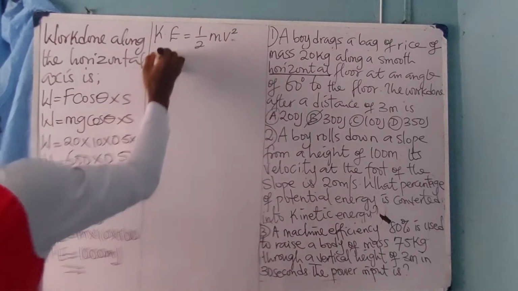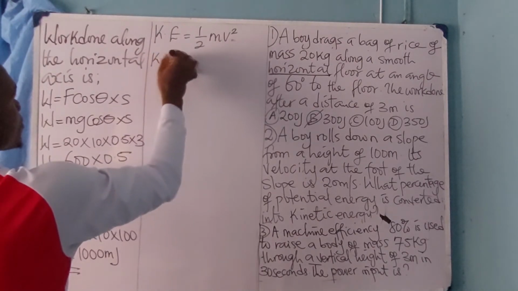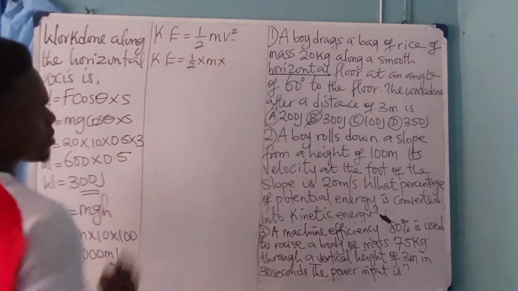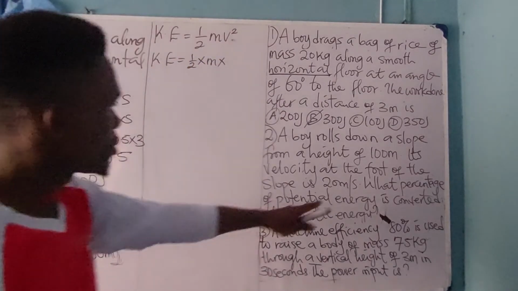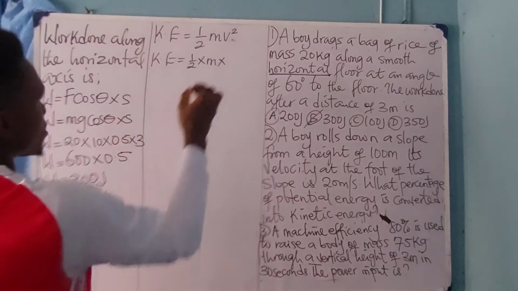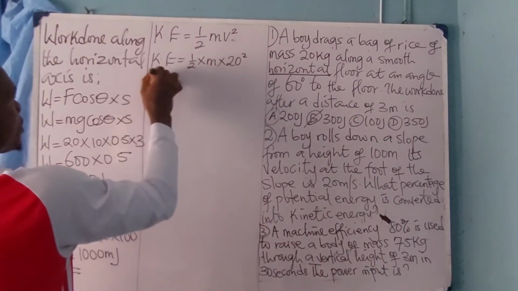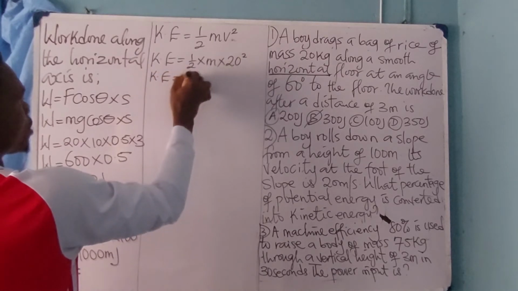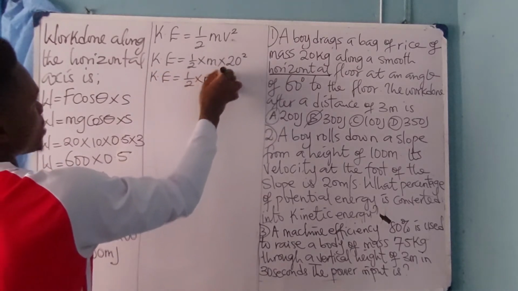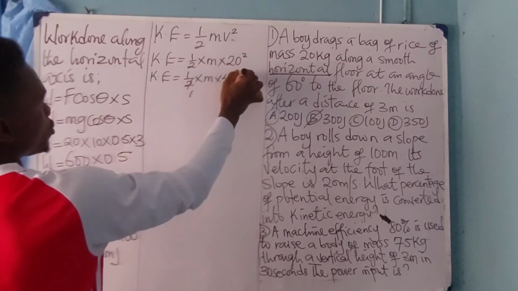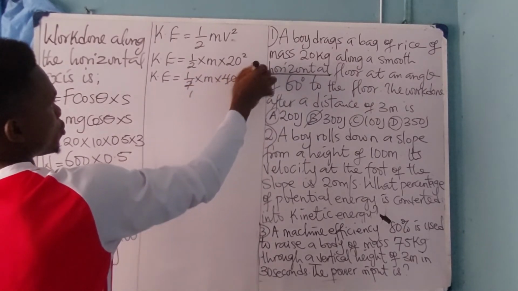Now kinetic energy is equal to 1 over 2 times m times velocity, which is 20 meter per second, that is 20 squared. You have Ke equals 1 over 2 times m times 400. So 2 into 400 is 200.